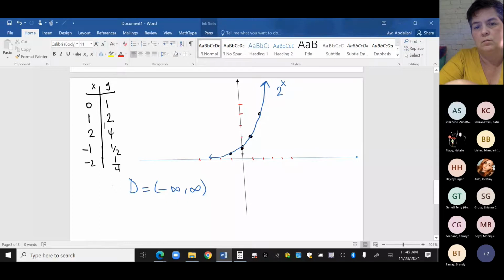It looks like this left side will never cross the x-axis, right? We'll get close to it, but we'll never cross it, which means my graph will never go over the negative y's, right? So my lowest y value will be 0. And because of this arrow here, it's going to be all the way to infinity. That's going to be the range. So the range will be from 0 to infinity.